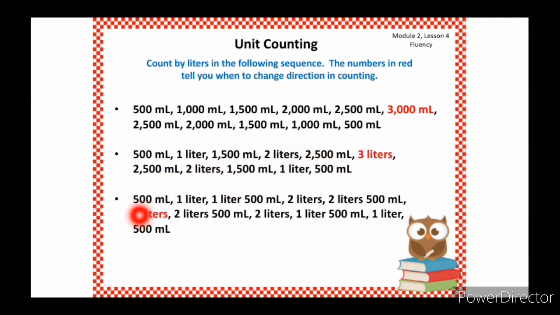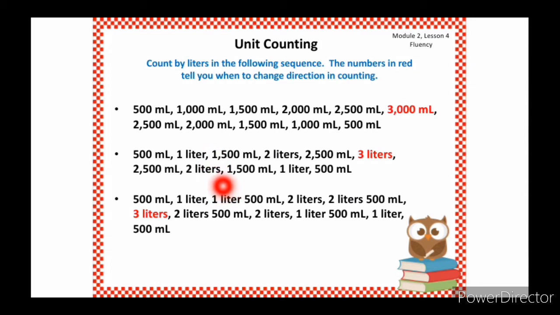Then the next time, we're still counting. Here, even the units that have the numbers that we have, we can have liters and milliliters. We'll write them in that form. So I have 500 milliliters, 1,000 milliliters. Here we have 1,500 milliliters. But if you take note, we can actually have 1 liter coming out from here because I have 1,000.